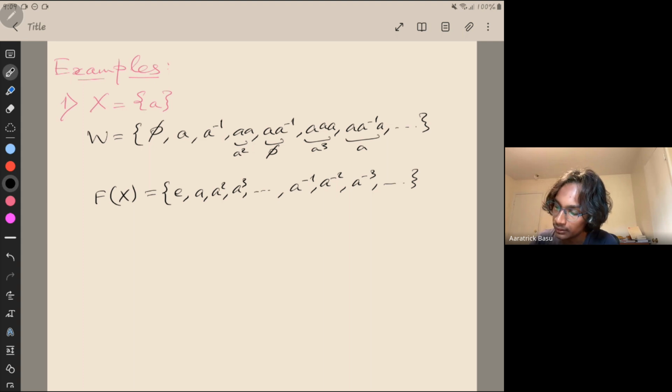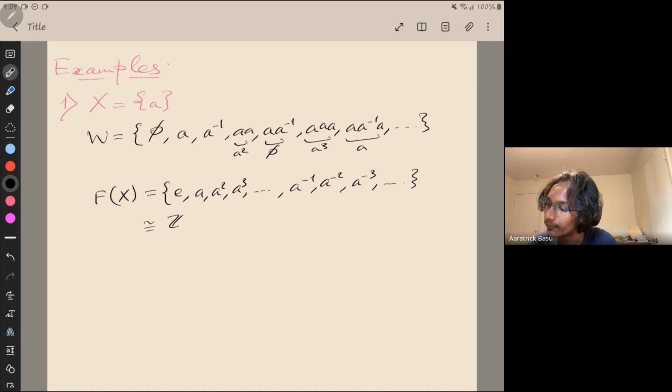This should be familiar to anyone who has seen groups before. And this is exactly the infinite cyclic group. When we start with a set with only one element, which we denote as A, it can be anything, of course.